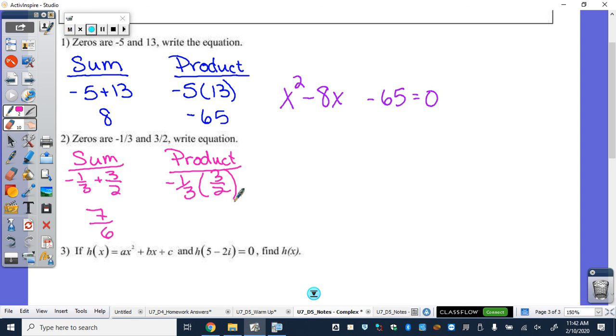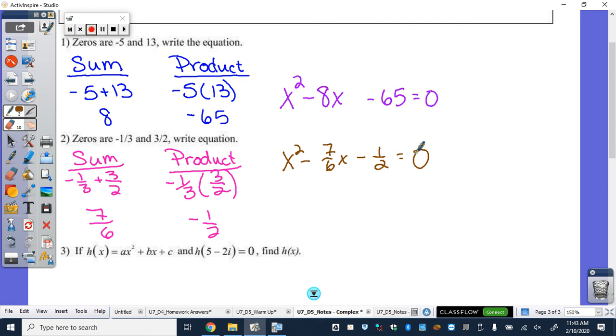Negative 1/2. So our equation: x squared minus the sum times x plus the product, but again, our product here was negative, so it'd be negative 1/2. But that's not the way you're going to see the answer. They're not going to write it with those fractions in there.